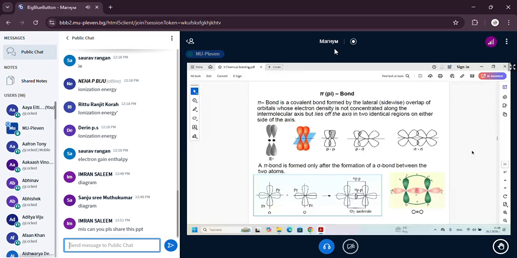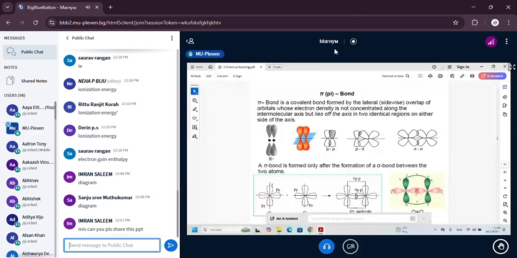Example, molecule of oxygen. One oxygen atom having 2p atomic orbitals. This is not the atomic orbital, this is one p and another p atomic orbital. These p atomic orbitals overlap end-to-end. End-to-end overlapping gives sigma bond.